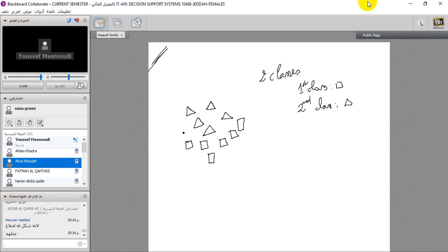Because the shape has sides like it. I mean, I have a point here. I asked you to give it a classification. Will it be within the class of triangle or in the class of square? Will it join the triangles or the squares? Come on girls, this is an easy question. Why both?